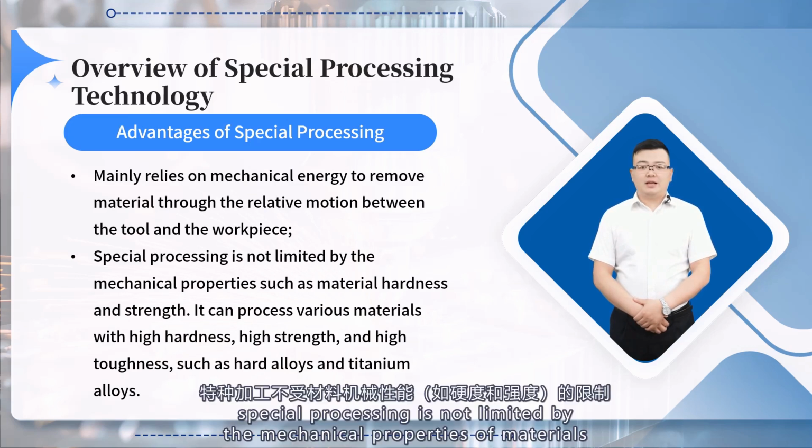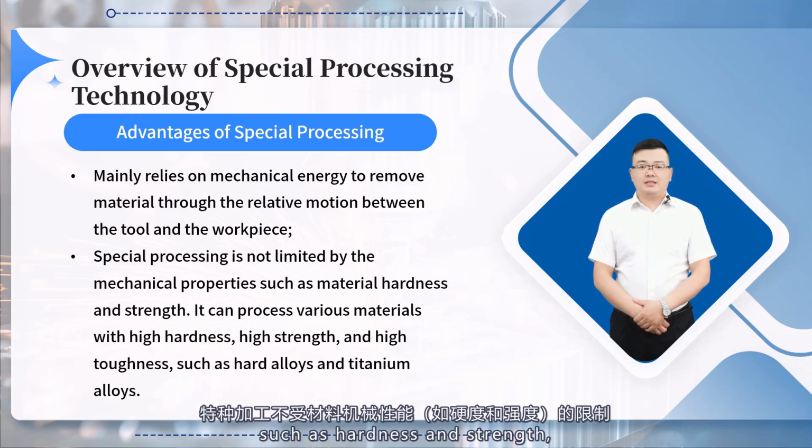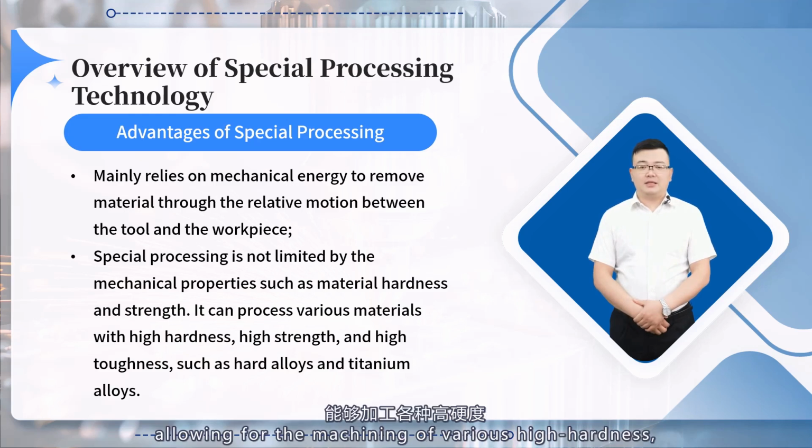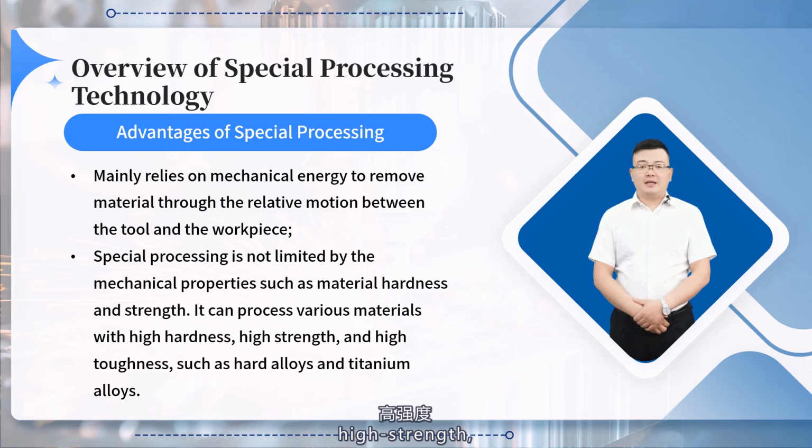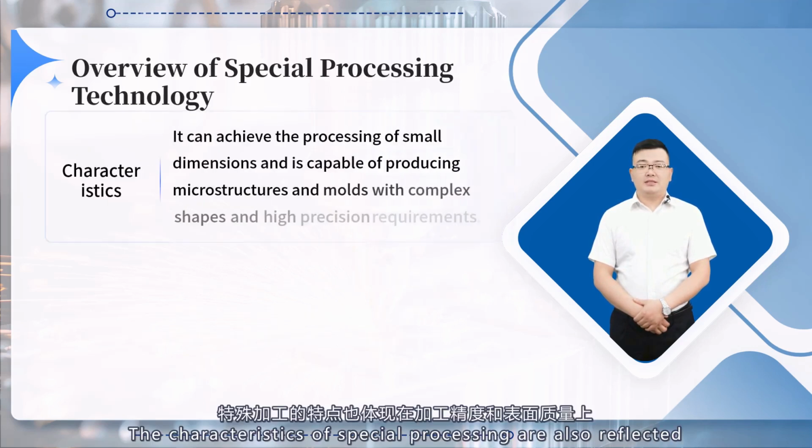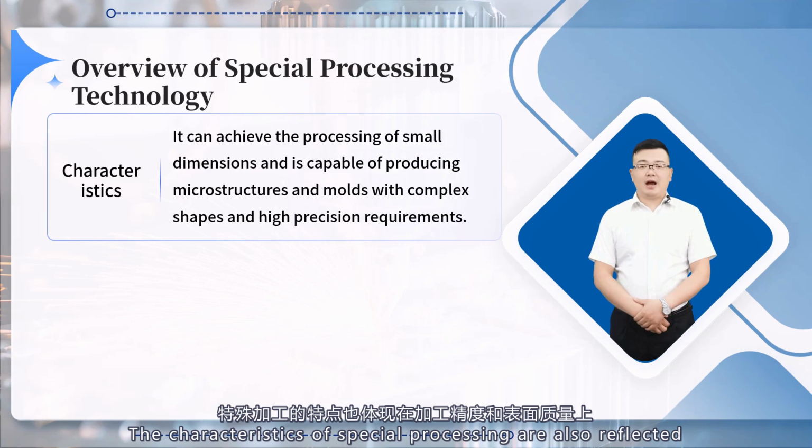In contrast, special processing is not limited by the mechanical properties of materials such as hardness and strength, allowing for the machining of various high hardness, high strength, and high toughness materials, such as hard alloys and titanium alloys. The characteristics of special processing are also reflected in machining precision and surface quality.